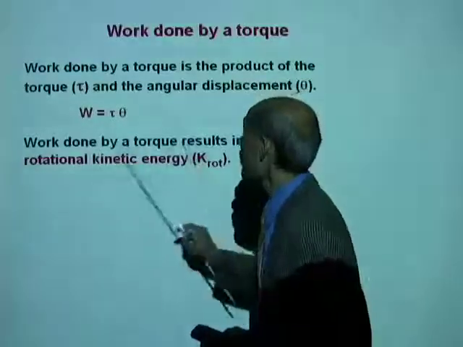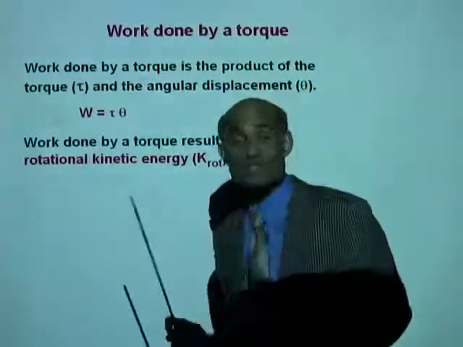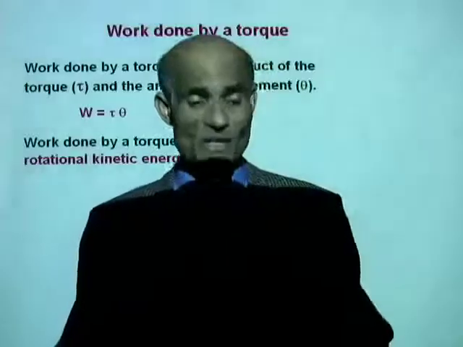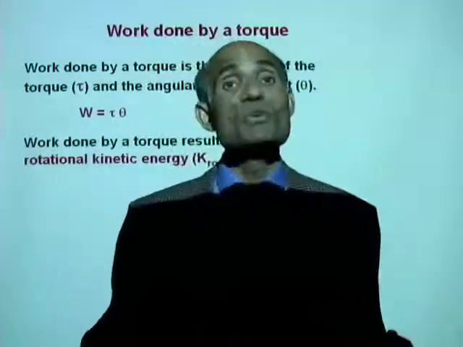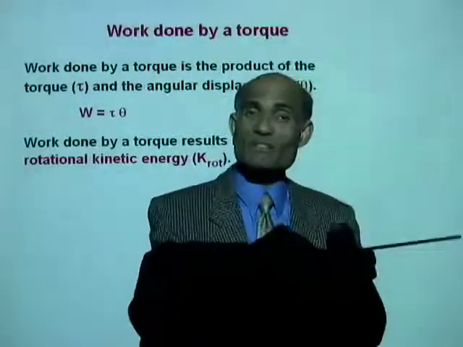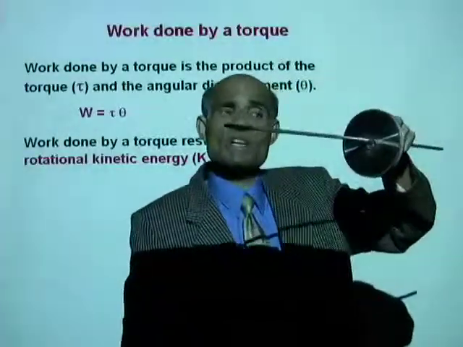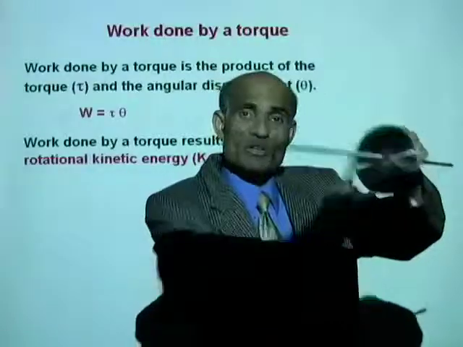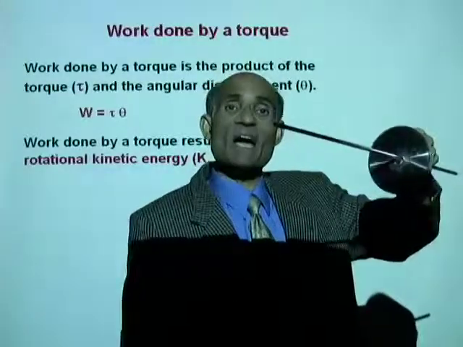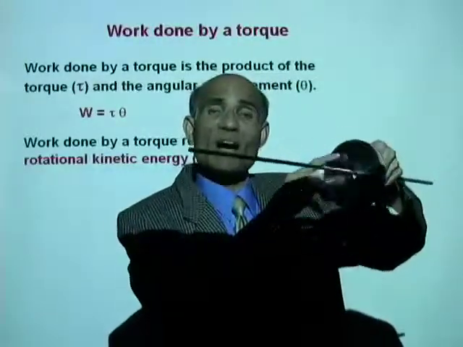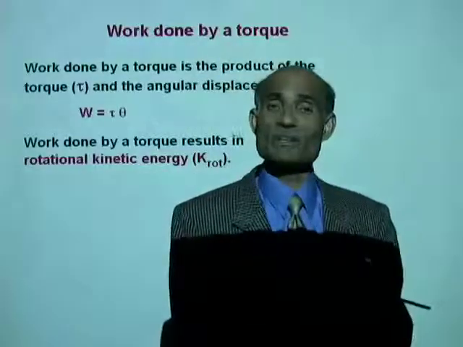Work done by a torque results in rotational kinetic energy. Is that right? Whenever you do work on an object, that work will be a measure of the kinetic energy of this object. This rotating disc has a kinetic energy. How do you define that kinetic energy?